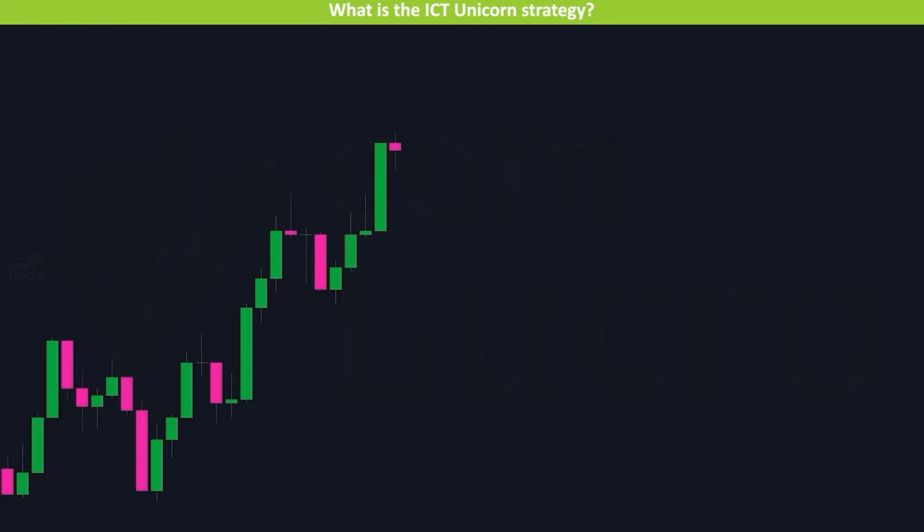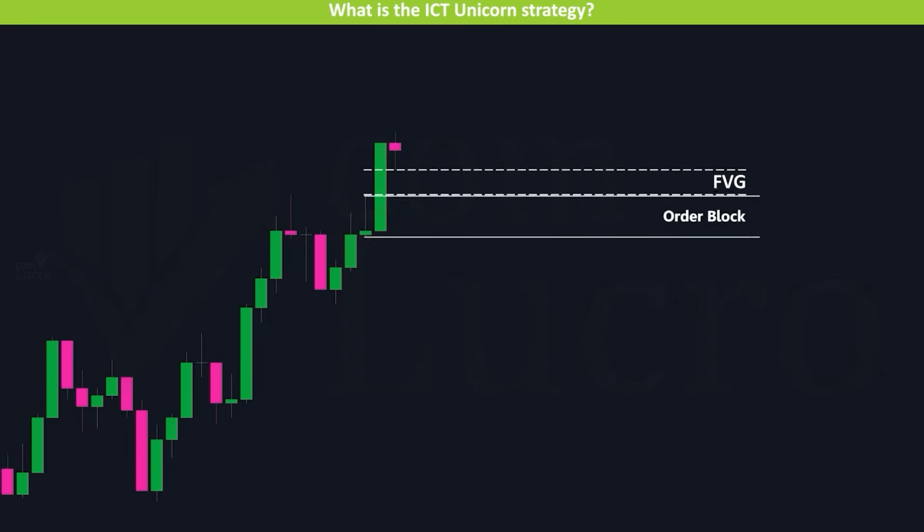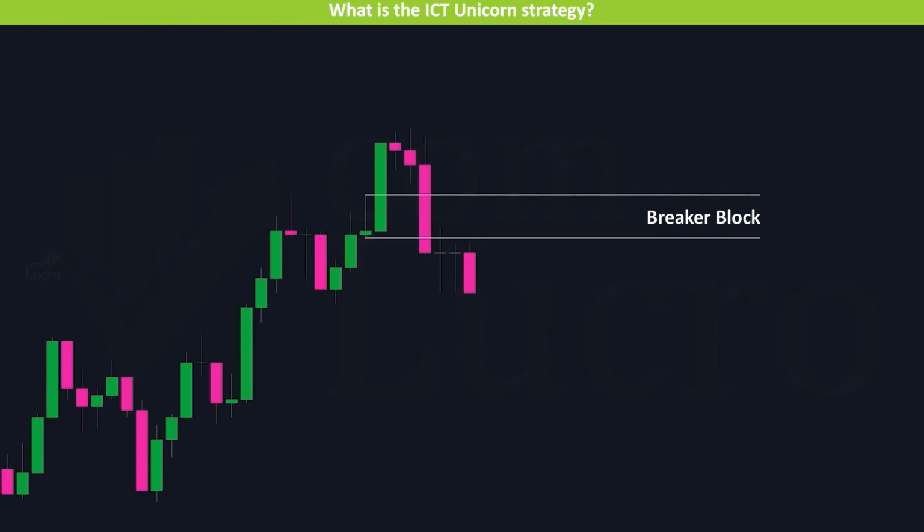The ICT Unicorn is a trade entry strategy from ICT that focuses on high-quality setups formed by the overlap of a breaker block and an unmitigated fair value gap. This overlap marks areas where market structure fails and institutional imbalance creates strong price reactions. The concept is straightforward.